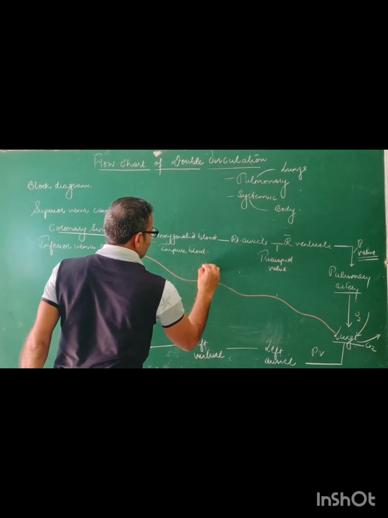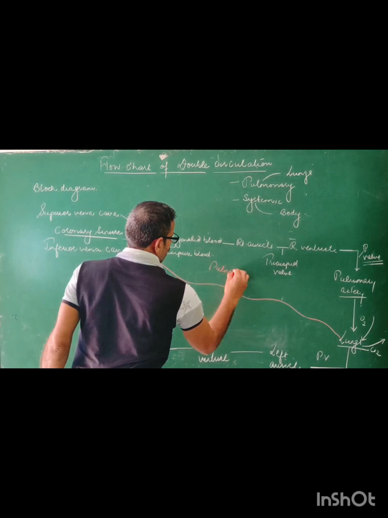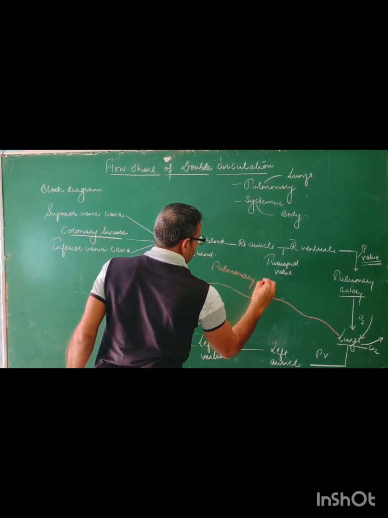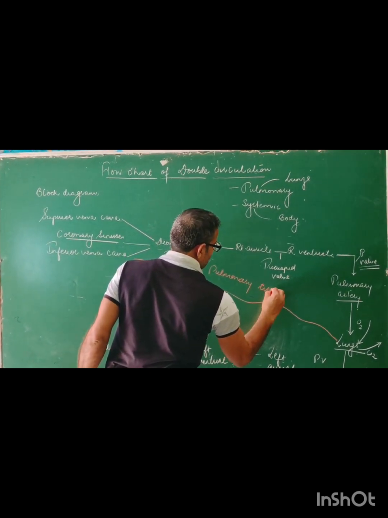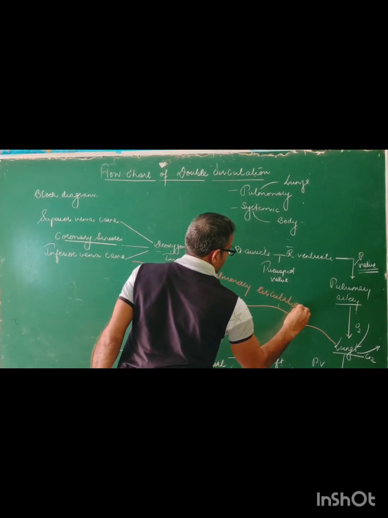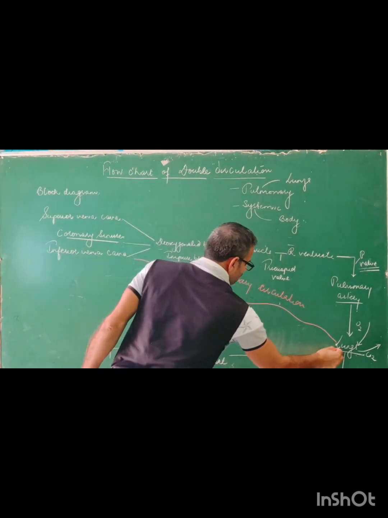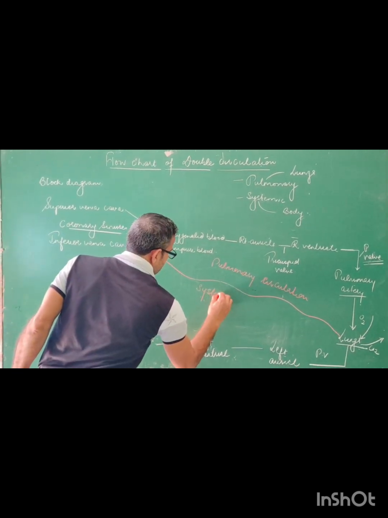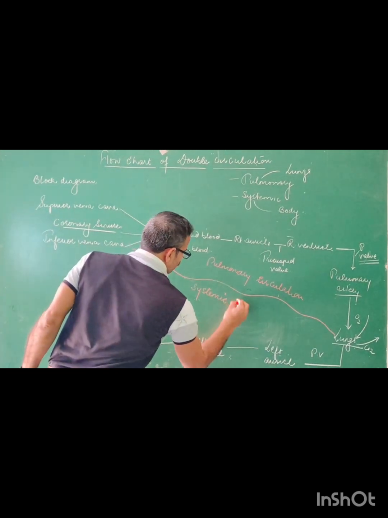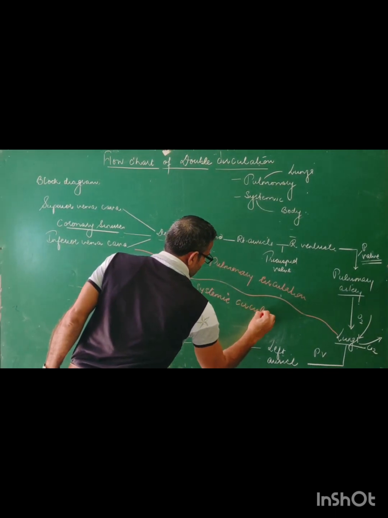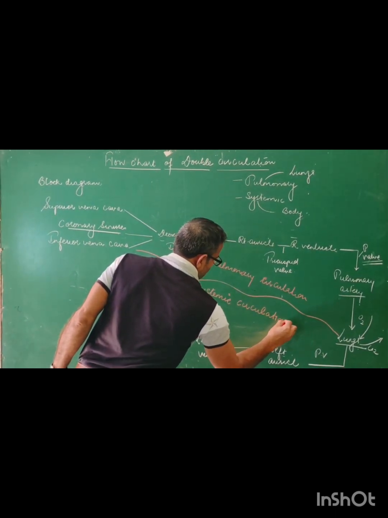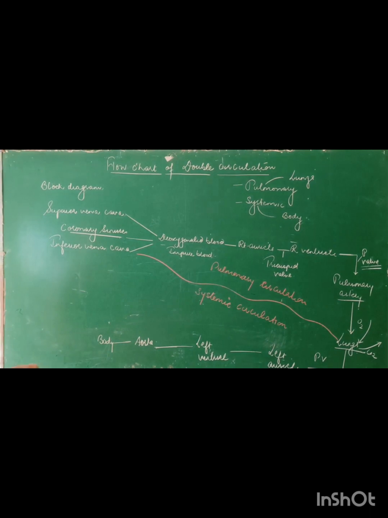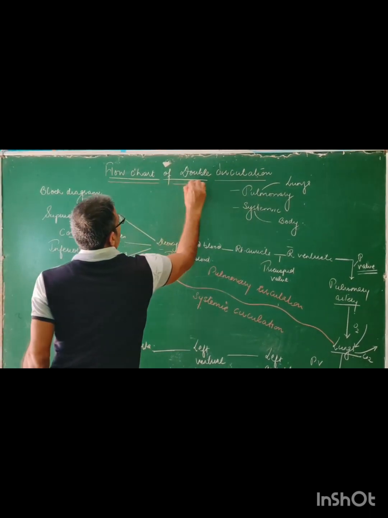This is called pulmonary circulation. And from the lungs to the body part, this is known as systemic circulation. So this is all about the double circulation of blood.